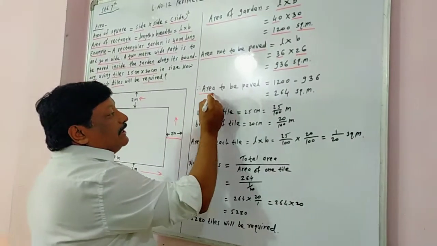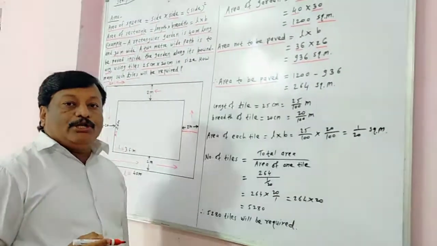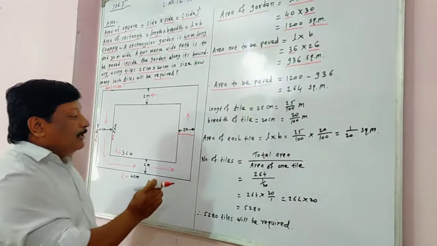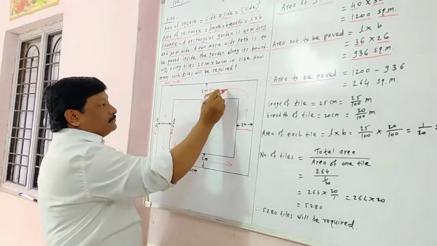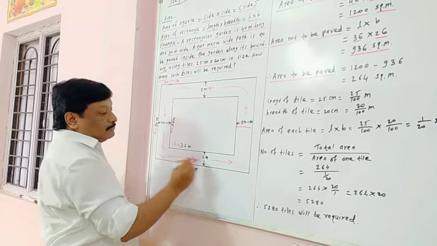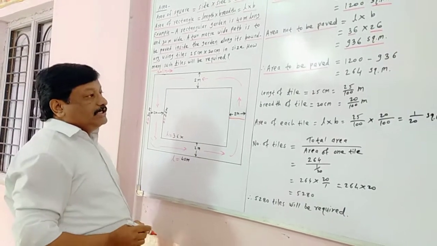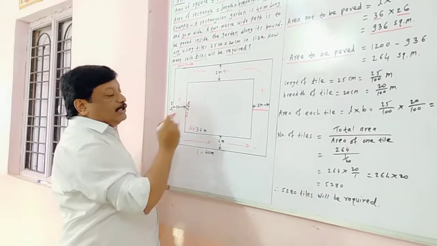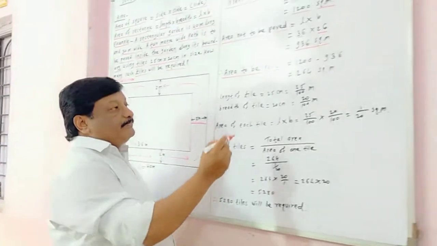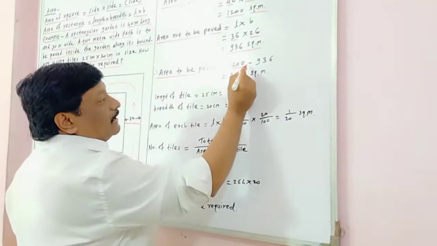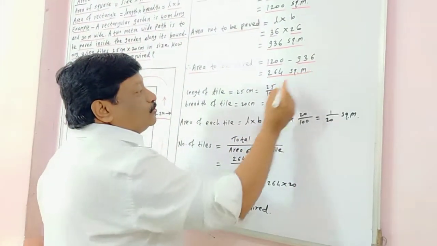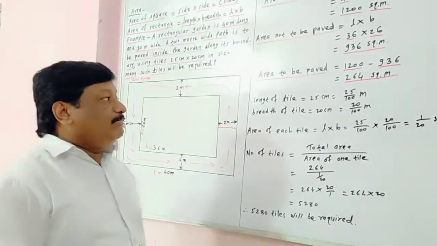Then find out area to be paved or area of path. Now area to be paved, this border, its area means area of garden minus area of inside rectangle equal to 1200 minus 936 is equal to 264 square meter.